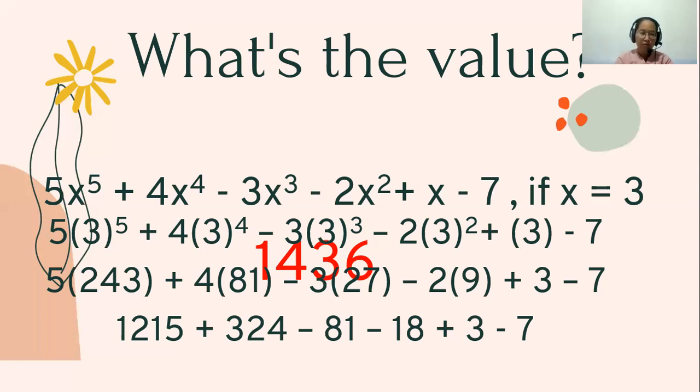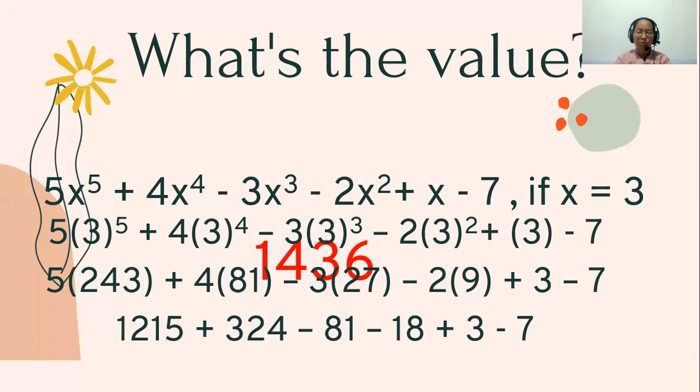For all those 3s with an exponent, you need to evaluate that first before performing the operations on the expression. So finding the value of 3 to the 5th means multiplying 3 five times. That's why we have 243. 3 to the 4th is 81. 3 cubed is 27. 3 squared is 9.